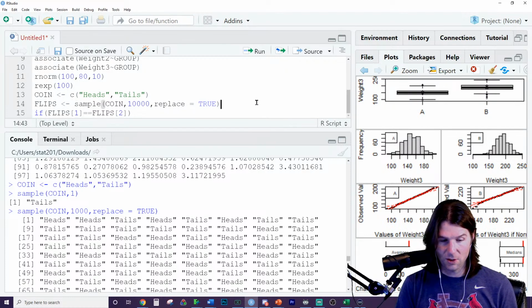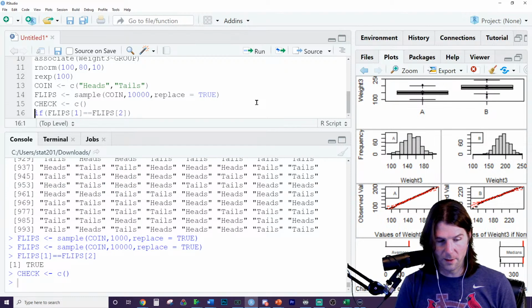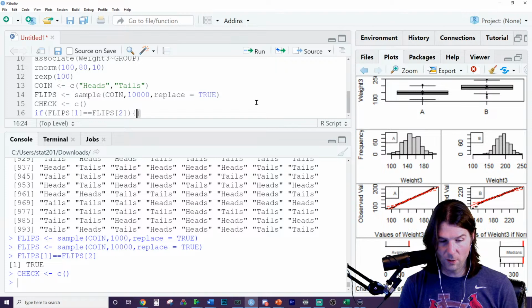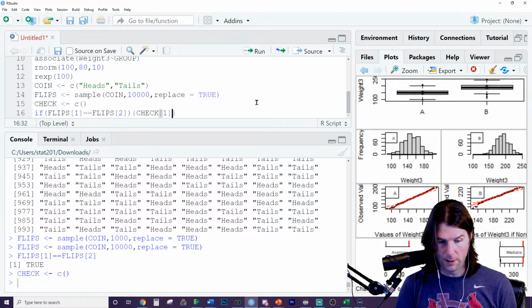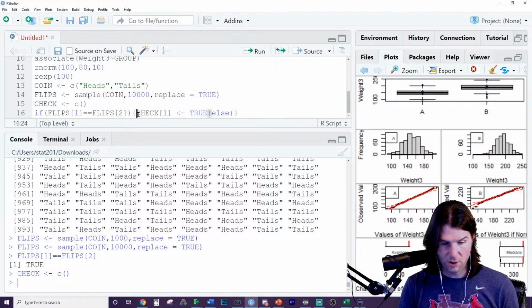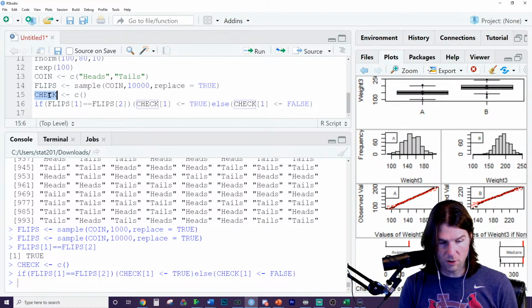Let's put here check vector, and check will be a blank vector. Then store into check position 1 true, else store into check position 1 false. There we go, and that's just store into check.